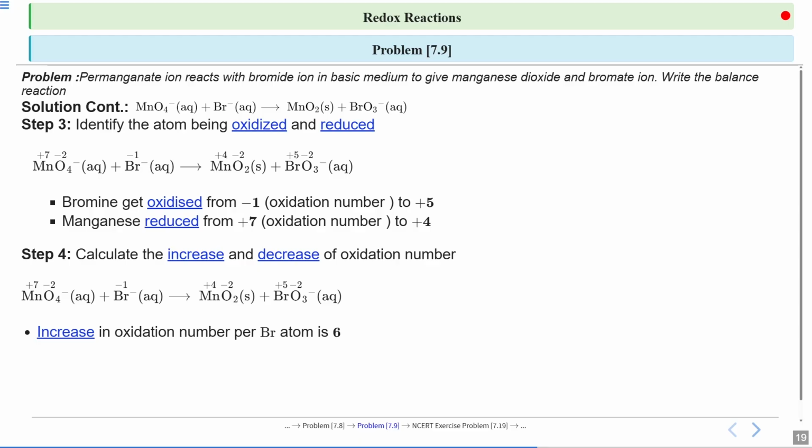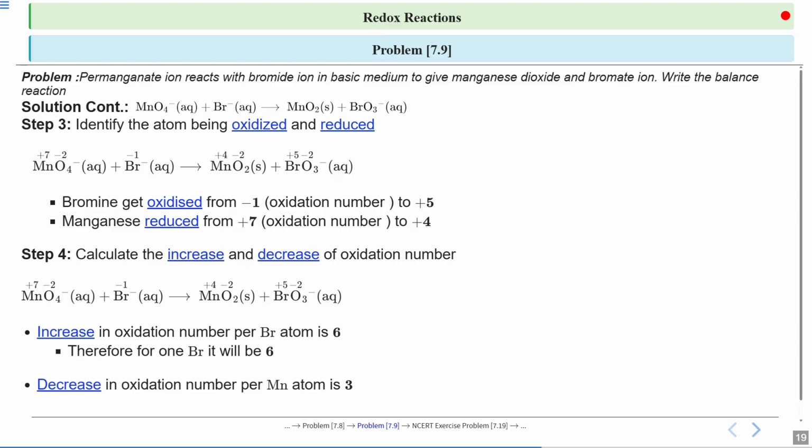The increase in the oxidation number per bromine atom is 6. Therefore, for one bromine, it will be 6. And the decrease in oxidation number is taking place in manganese, and we find that it is 3. Therefore, for one manganese, it would be 3.